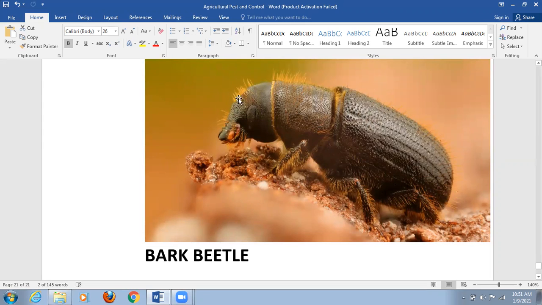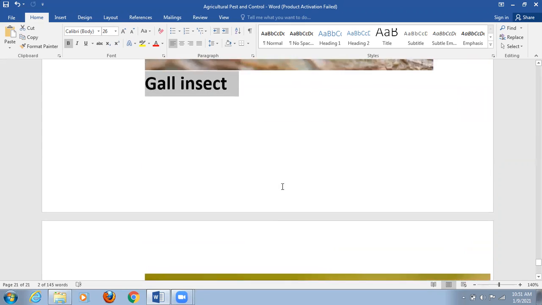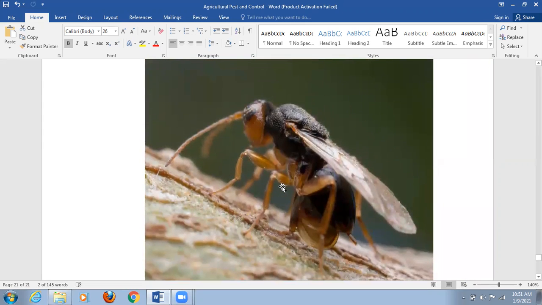So when you observe each and every pest, it is very important to observe this particular pest. Why is observation important? Because these insects have different morphology. They have different patterns.